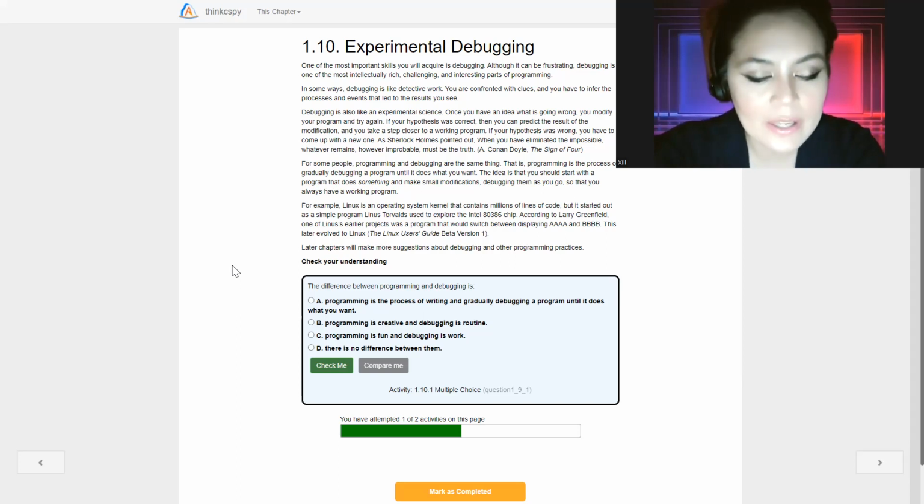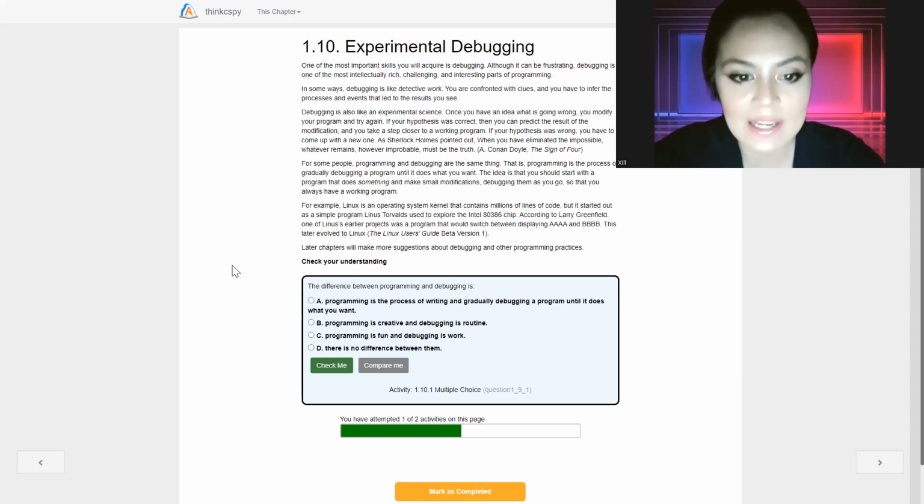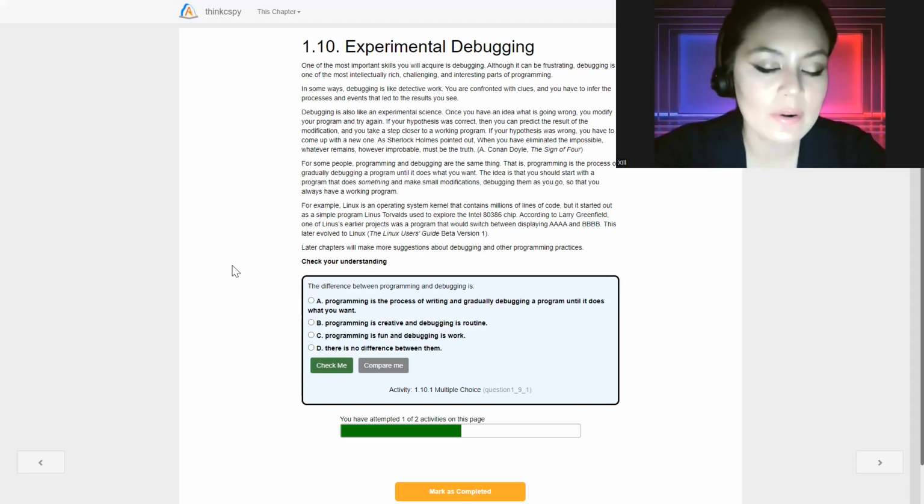For now, we have a question. The difference between programming and debugging is: A, programming is the process of writing and gradually debugging a program until it does what you want. B, programming is creative and debugging is routine. C, programming is fun and debugging is work.